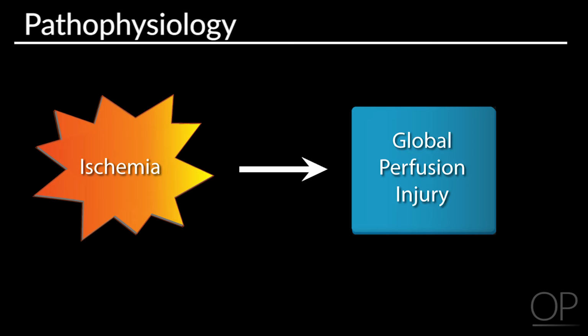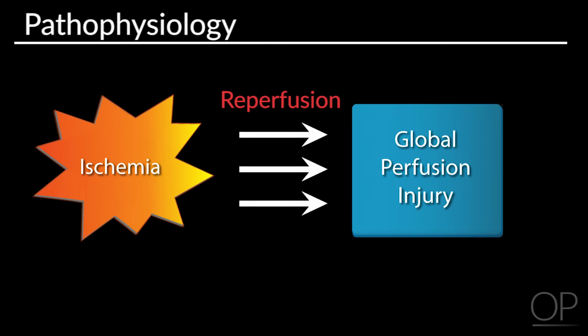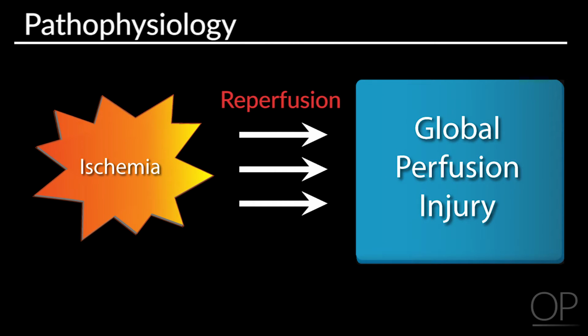That injury, during which there is a no-flow state, is then worsened again with reestablishing perfusion, and this reperfusion injury can have significant detrimental effects on patient outcome. The severity of that whole-body injury, from the primary and then reperfusion injury, is variable, and it's dependent upon a number of factors.